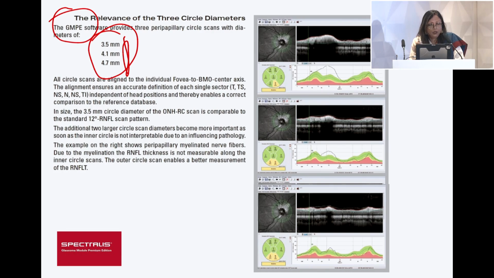The other thing I would want to stress out here is the BMO central axis. So when you're mapping the BMO related, that is the Bruch's membrane opening with the minimum rim width that is there, something like this, and you use the anatomical app of the Heidelberg, then once it maps the fovea in the center, related to that, it actually maps the BMO, that is the Bruch's membrane opening.